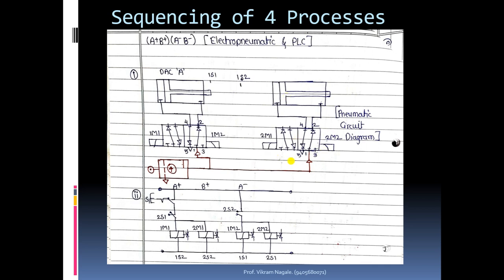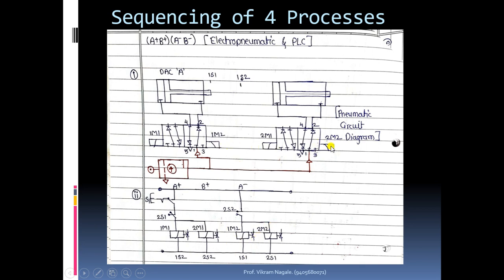So here you can see this is how the supply from 2s2 is divided into two. It is applied to 1M2 and 2M2 coil at the same time by using two wires.